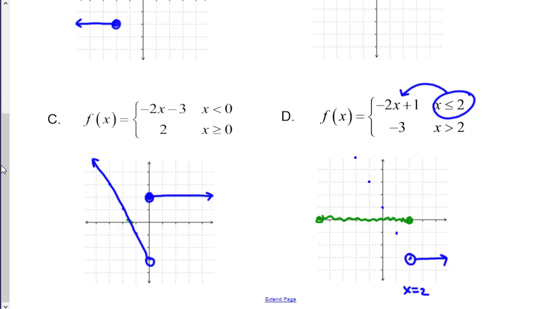There's my line. Now, here's the thing about this. If you'll notice, this point here ends up being in the exact same place as the open circle that I had before. That's actually perfectly okay and can happen sometimes. And I just fill it in with a closed circle.